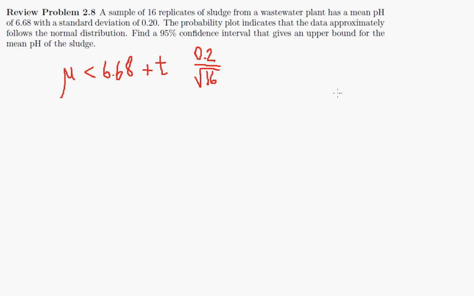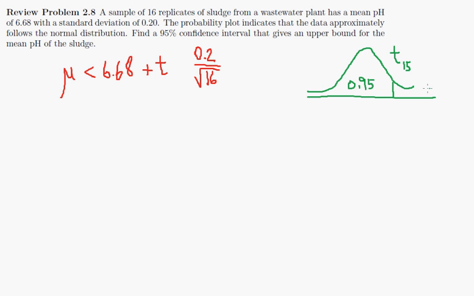For that, let's just draw a quick little picture over here to the right. So I need the number. I have a t-distribution. In this case, I have 15 degrees of freedom, n minus 1, because n is 16. And in my case, I want the area to the left to be equal to 0.95, because it is a one-sided confidence interval.